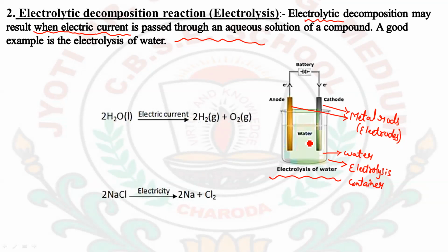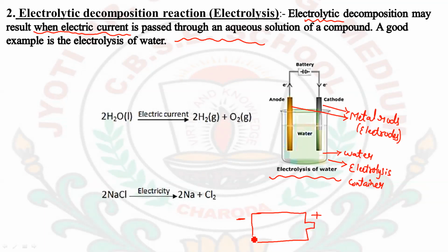These electrodes are connected to the battery. You know that a battery has two parts, one is the positive end and one is the negative end, and we have to connect these two rods to these two ends.